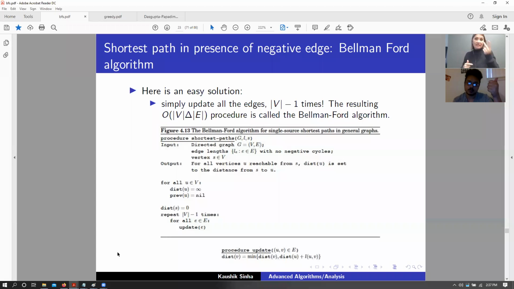That is not an issue with all positive edge distances, but with a negative distance, it might not always work. Does that make sense to everyone? The difference between Dijkstra and Bellman-Ford, and why one works and the other does not.